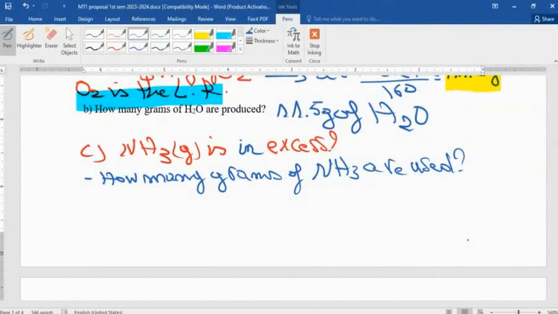Always think about that when you write a chemical equation, you will use it. It's not just for filling the blanks and playing. No, you have to use it.